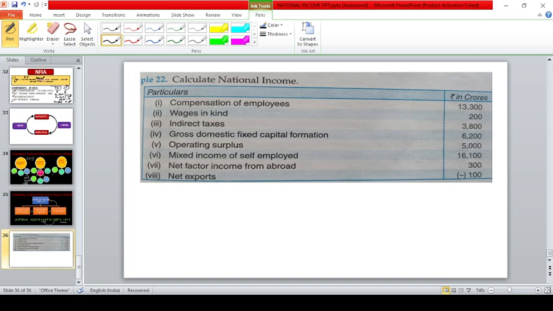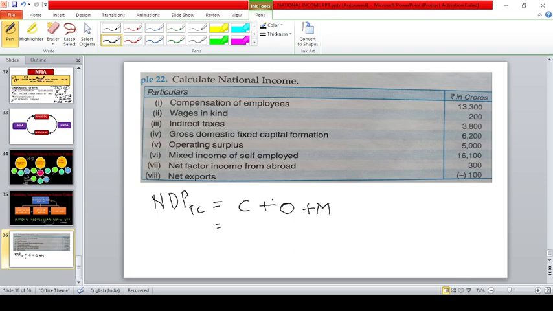Because looking at the particulars, we can understand that all the components of income method are given over here. So obviously we are going to calculate by income method.